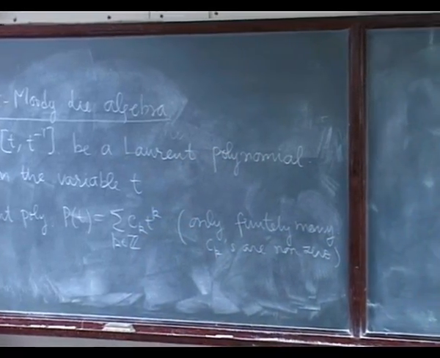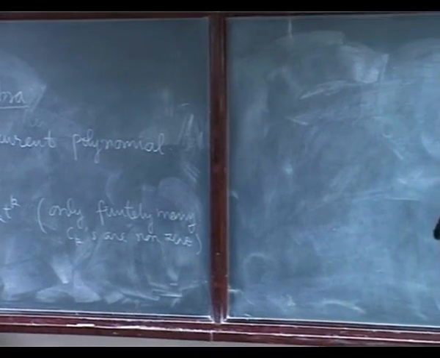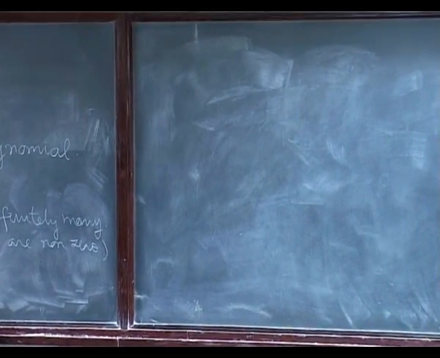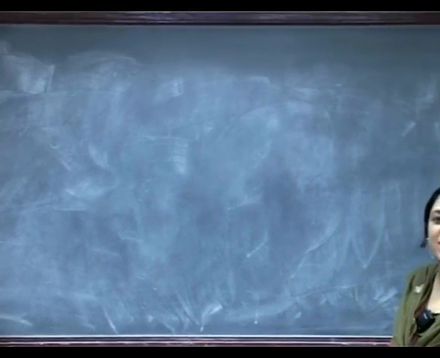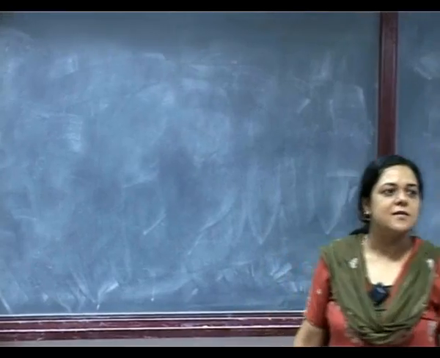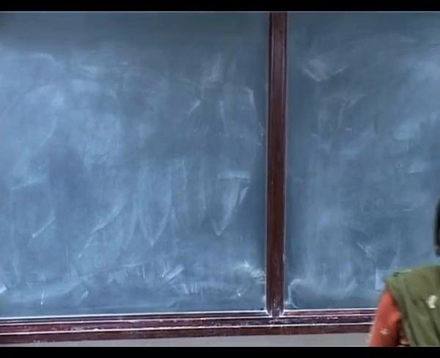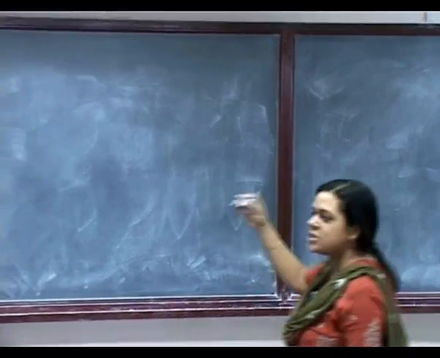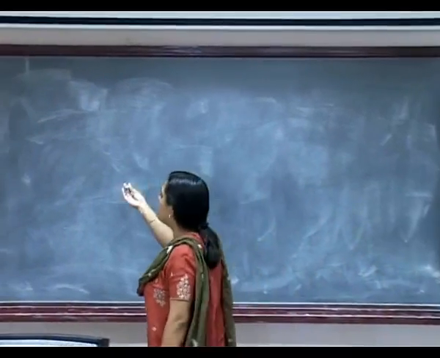What about the residue of this? The residue of a Laurent polynomial P(t) is C minus 1, which is the coefficient of t raised to power minus 1.